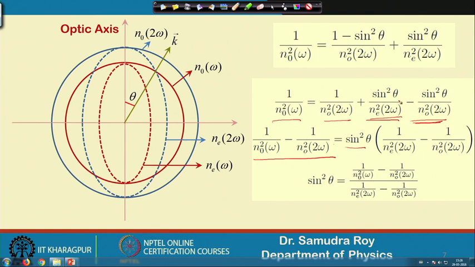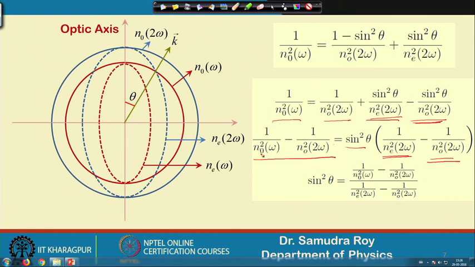If I take sin theta common, then we have 1 divided by n_e of 2 omega and 1 divided by n_o of 2 omega. So, n_e of 2 omega and n_o of 2 omega, again these are the values. In this particular diagram, if I want to find out which value I am talking about, you can readily understand which values these are.